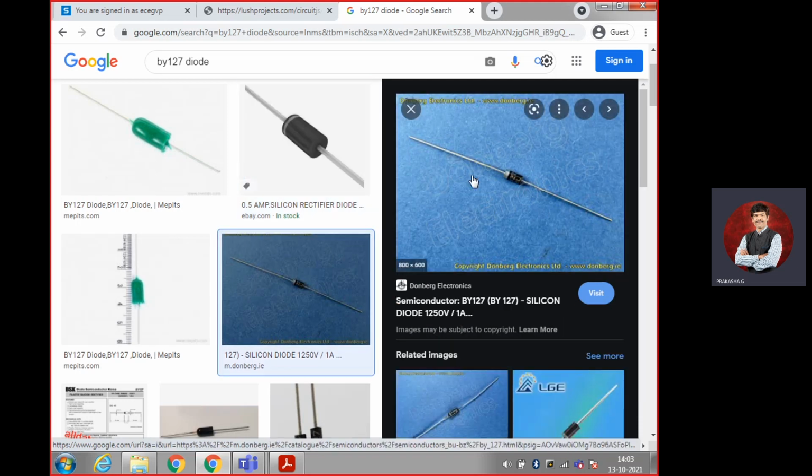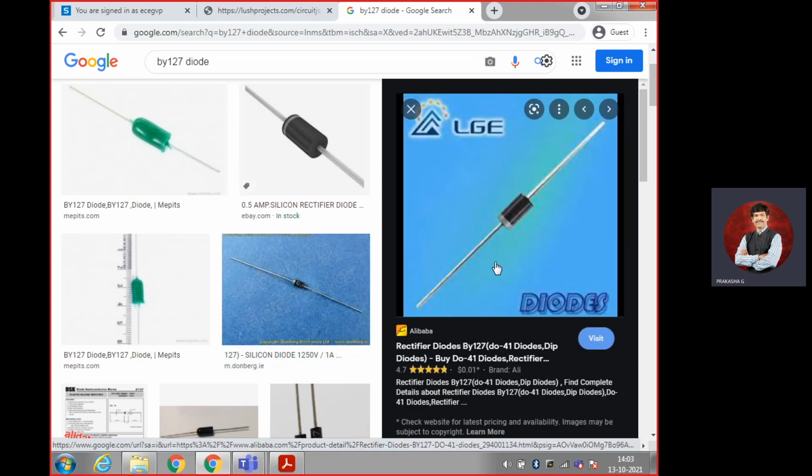Here it is black, and a little bit of gray color is there. Gray color indicates the cathode. Whichever side the gray ring is on is the cathode, and pure black is the anode. So many types of diodes are there.